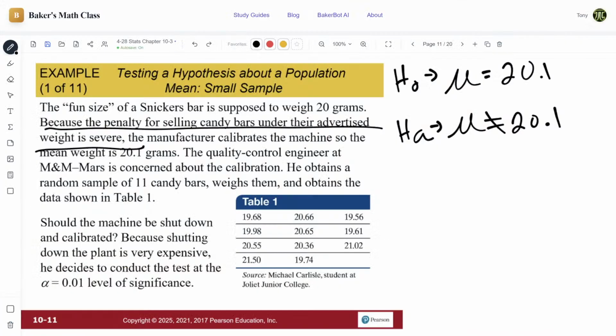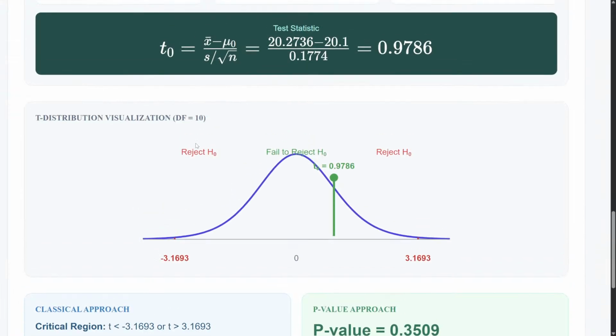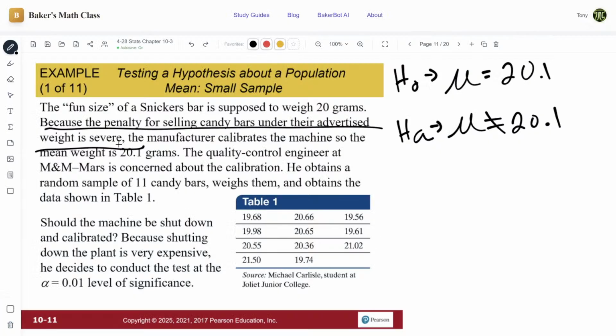Which means, if we're failing to reject that, what does that mean in terms of this problem? If we're failing to reject the null hypothesis, is the machine working fine? Or do I need to shut it down?